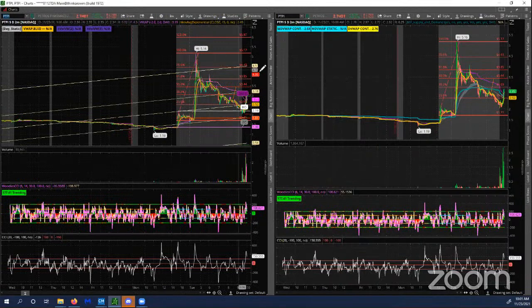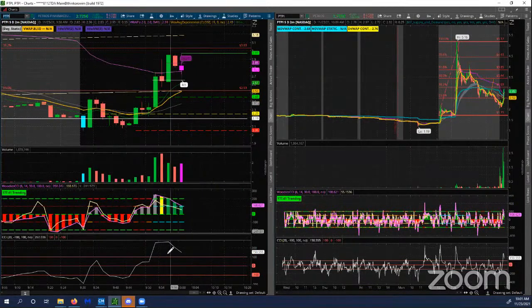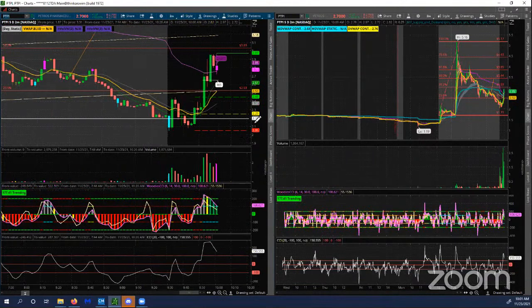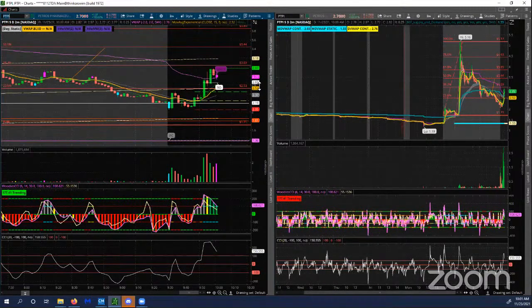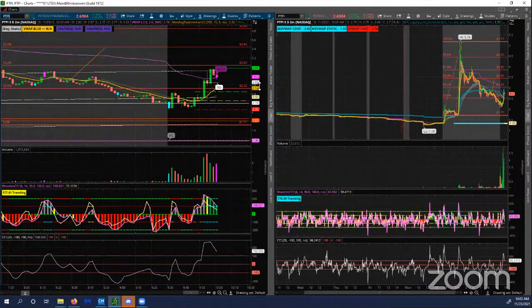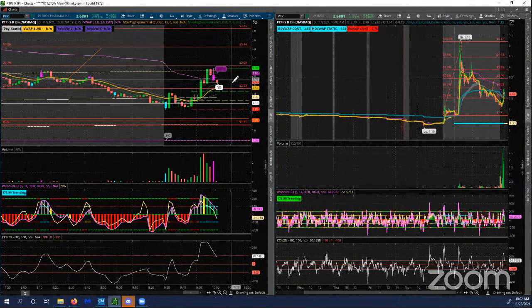We are looking for either double flags, and then the next move would be consolidation. PTPI, we've got 1, 2, potentially a third right here. Volume is still in the millions.